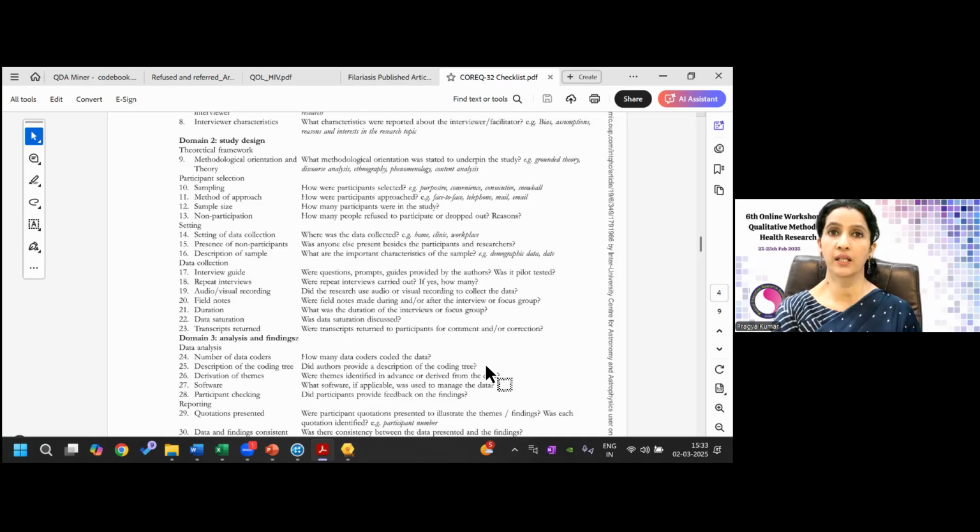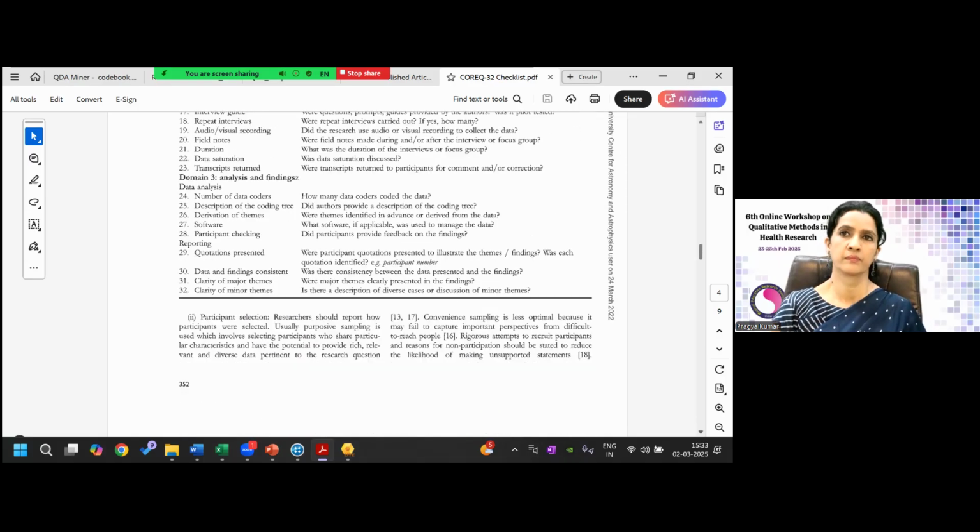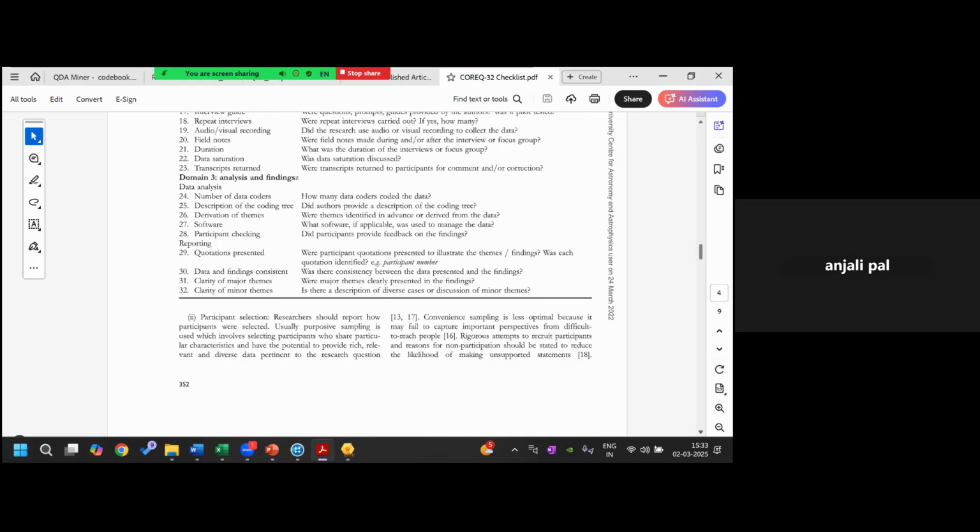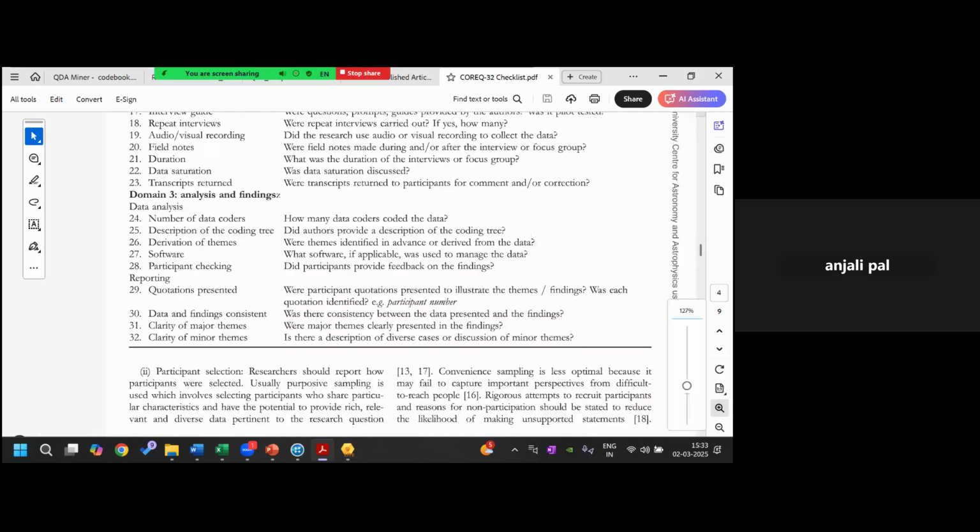Coming to domain 3, can someone read this domain 3? Domain 3, analysis and findings. Data analysis, number of data coders: how many data coders coded the data? Description of the coding tree: did authors provide a description of the coding tree? Derivation of themes: were themes identified in advance or derived from the data?